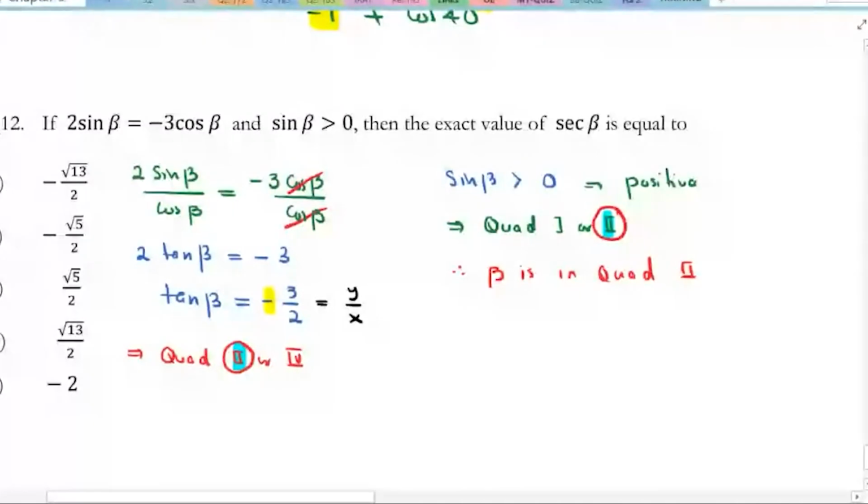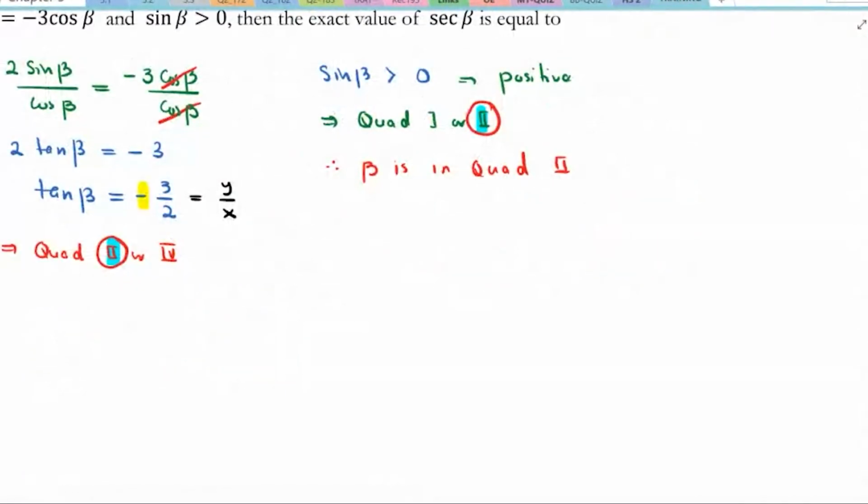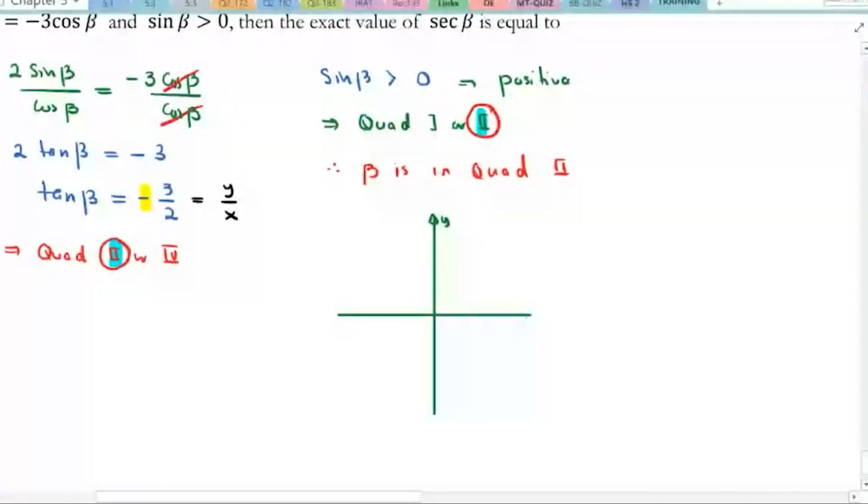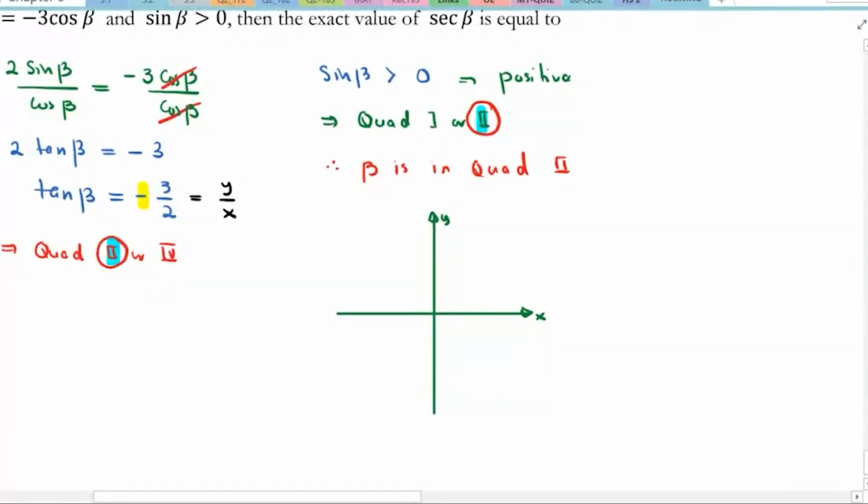Now we can answer the question in 2 ways, either by picture or by using one of the properties we know. Let us start with the picture and then we try the other method. We have a 2-dimensional coordinate system, this is the y-axis and this is the x-axis, and we are in quadrant number 2.